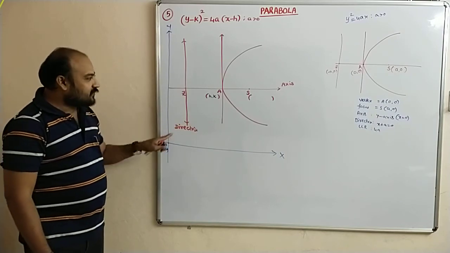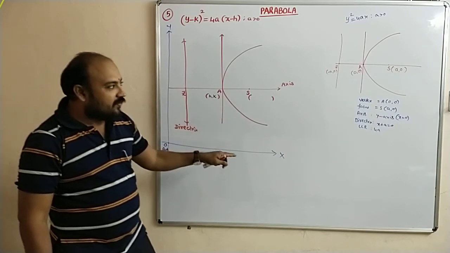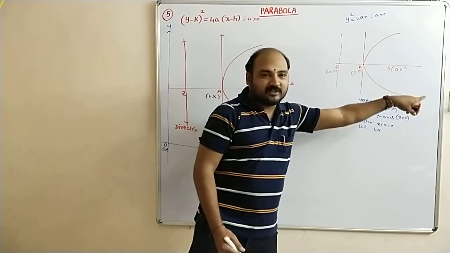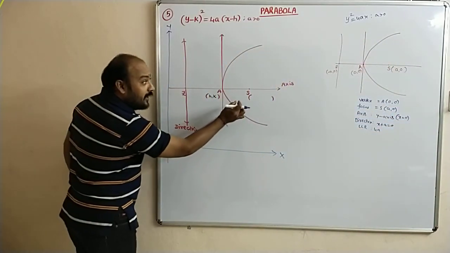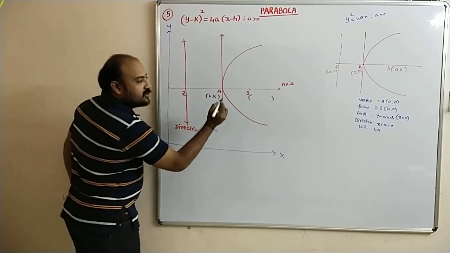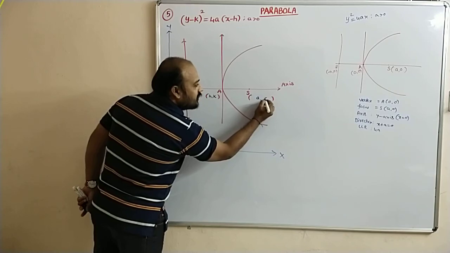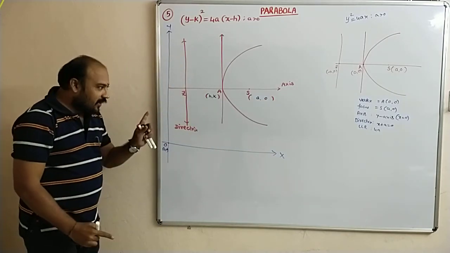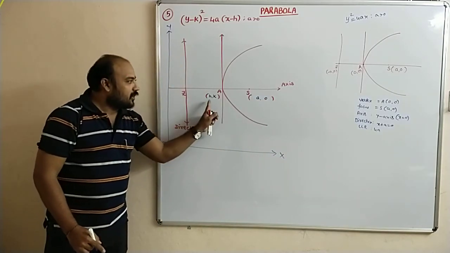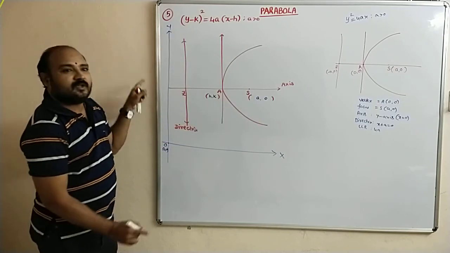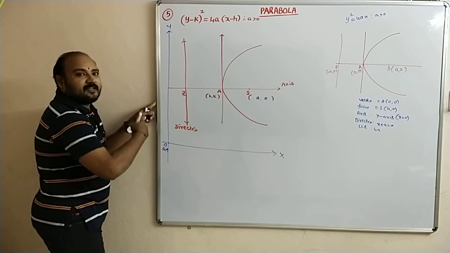Whenever the origin is shifted to h comma k, even the focus changes. For y square equal to 4x, the focus is a comma 0. For this we are adding h comma k to get the focus of this parabola, because the origin is shifted.